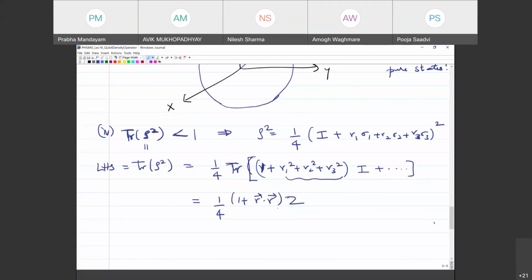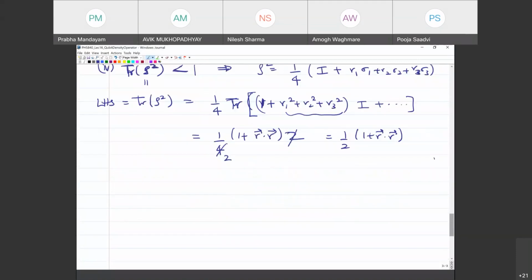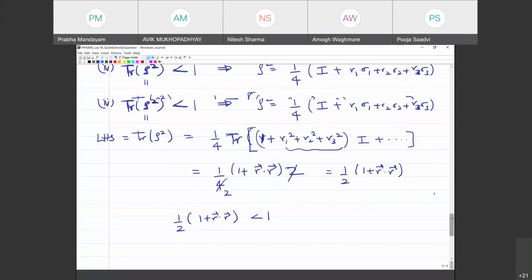So I just have half of 1 plus R dot R. And the inequality tells me that half of 1 plus R dot R is strictly less than 1 for a mixed state.